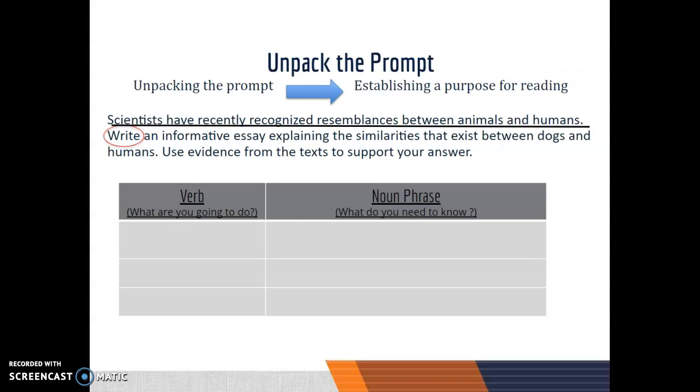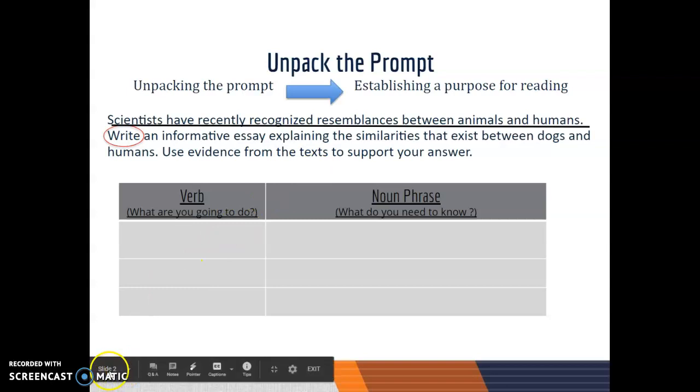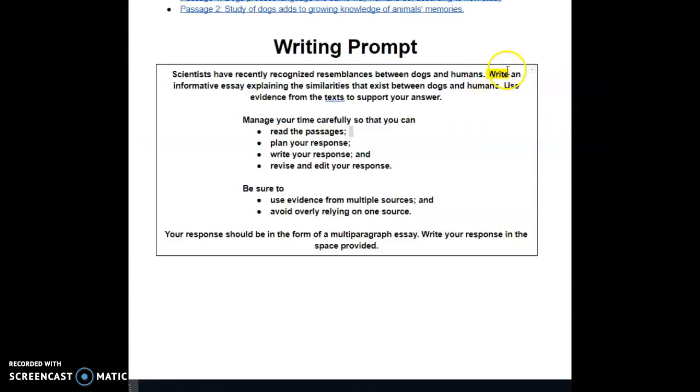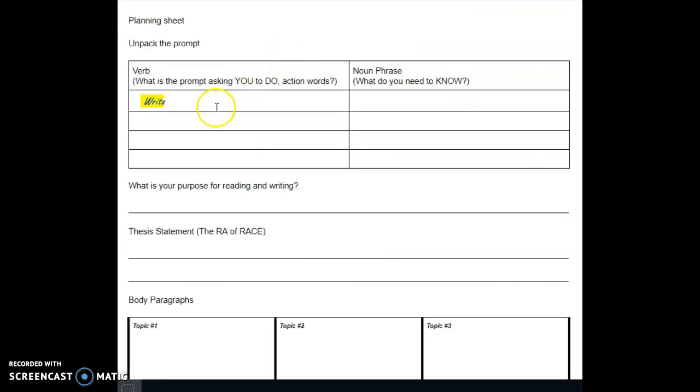Go ahead and on your own writing packet, circle the word write in your own writing prompt. Then write the word write in your T-chart in your unpacking the prompt portion of your planning sheet. So you're going to write the word write right here.